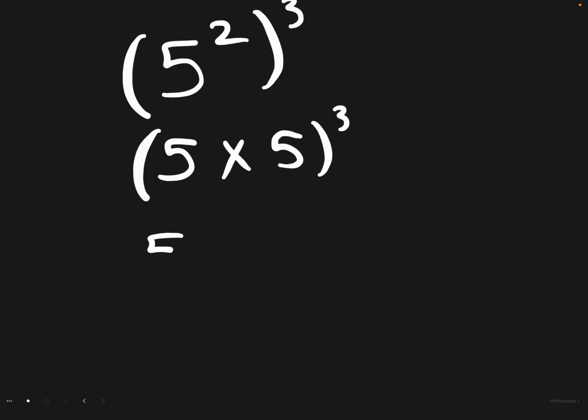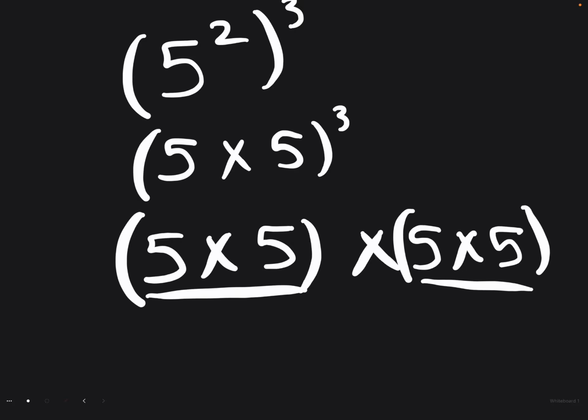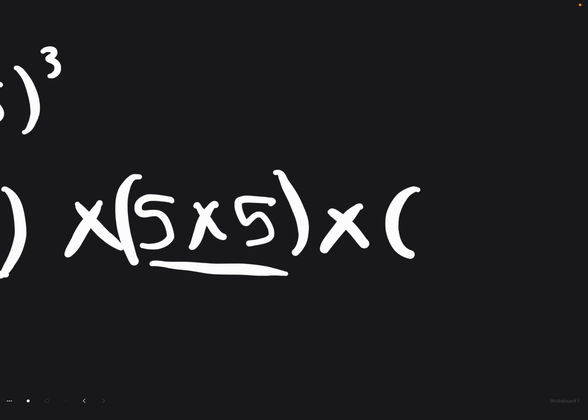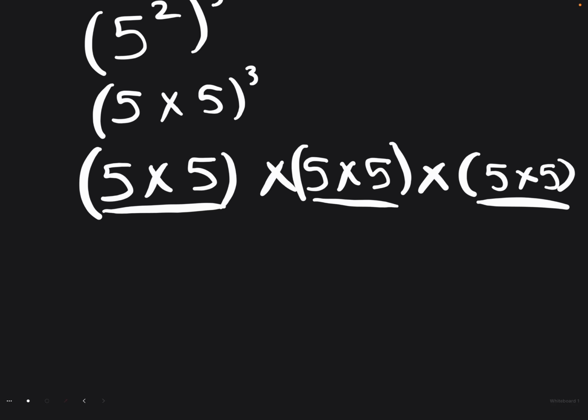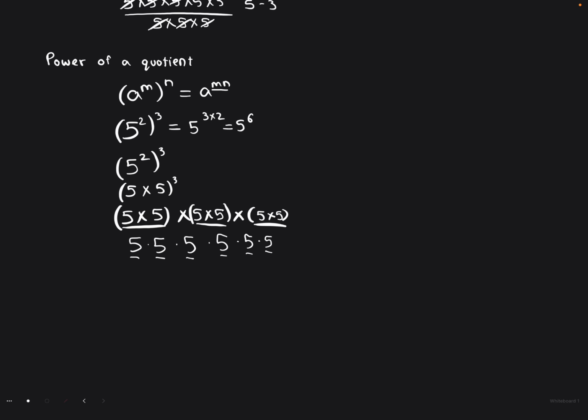That's 1 time, 5 into 5, that's another time, into 5 into 5, that's the 3rd time. When you count the number of 5s here, there's 1 5, 2 5, 3 5, 4 5, 5 5, 6 5. So that's the reasoning behind this.